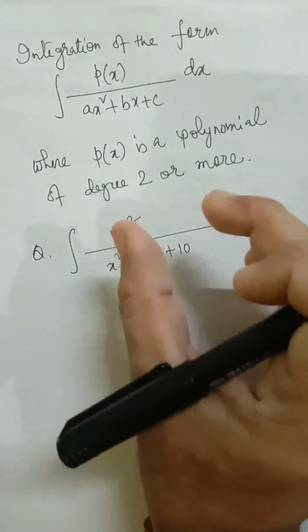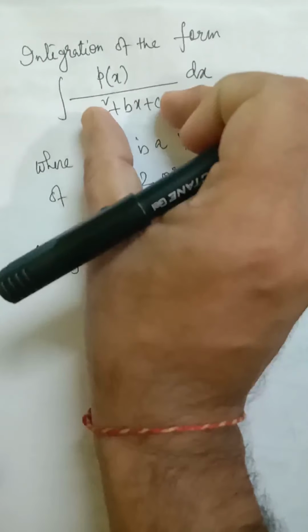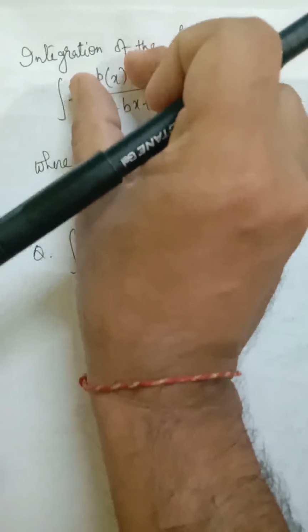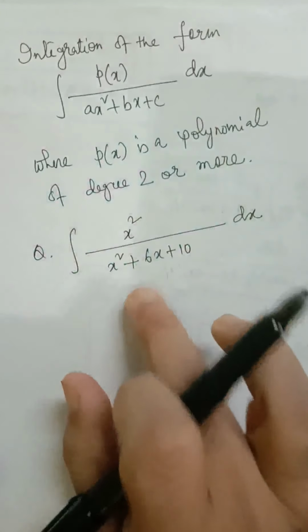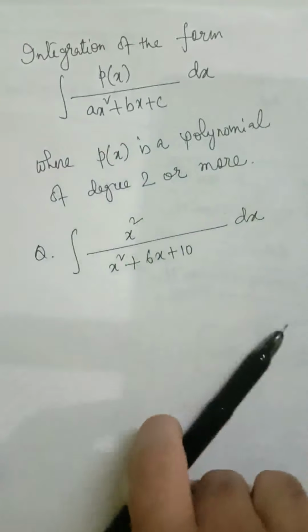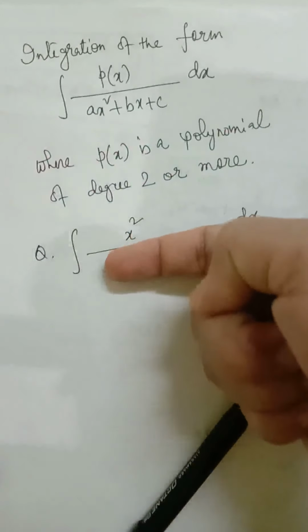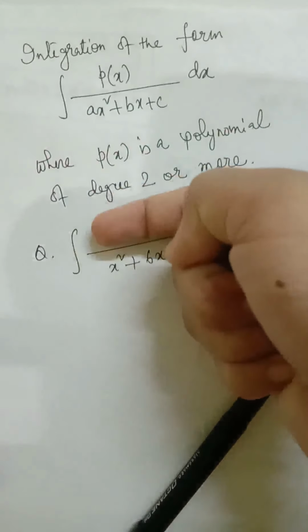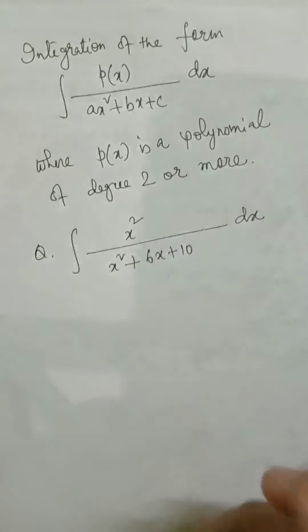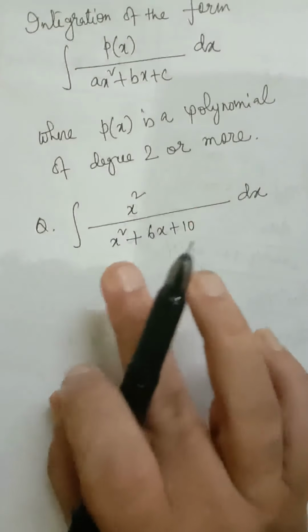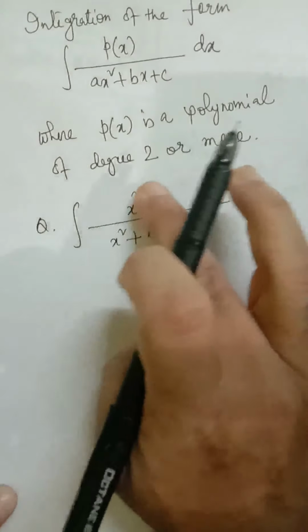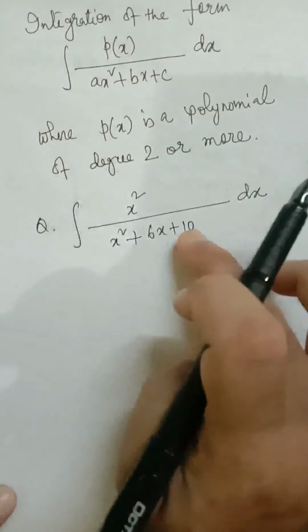Here I am discussing integration of this form where the denominator is a quadratic polynomial and the numerator is either a quadratic polynomial or a polynomial whose degree is more than 2. Now our first step will be to divide the numerator by denominator.